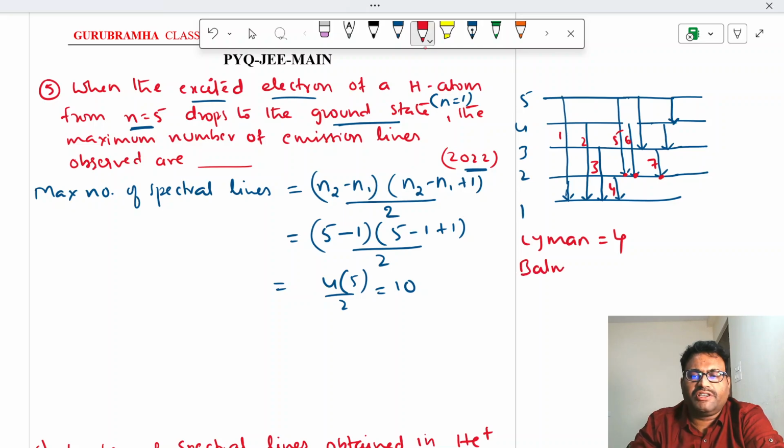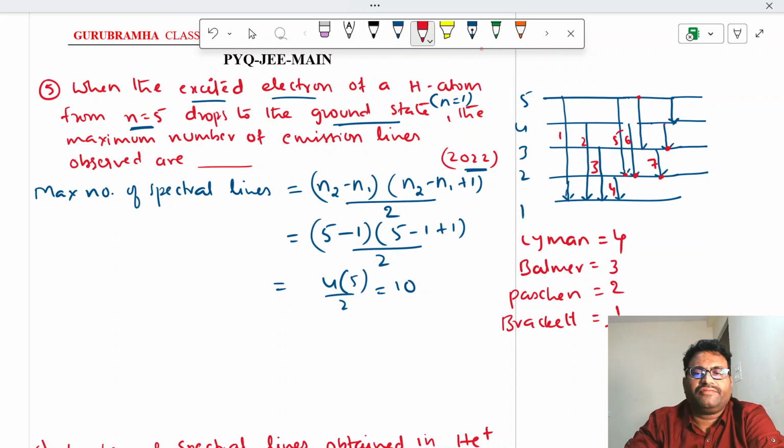So in the Balmer series, how many spectral lines are there? 3. Paschen series, directly coming to the third orbit, so 2 are there: 5 to 3 and 4 to 3. And in the Brackett series, how many spectral lines are there? 1. So totally 10.